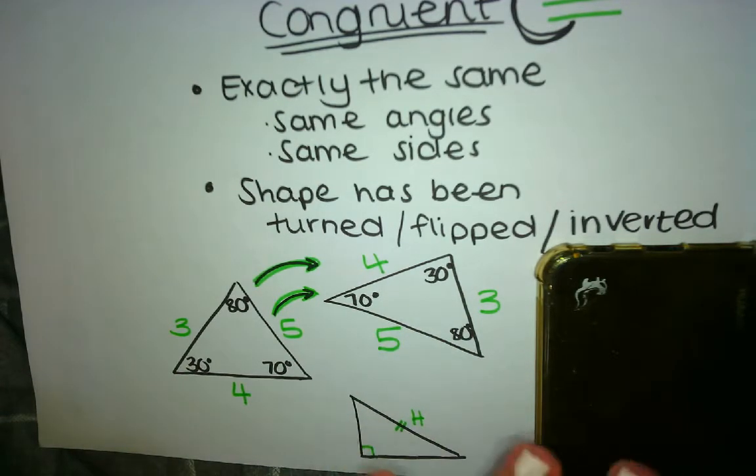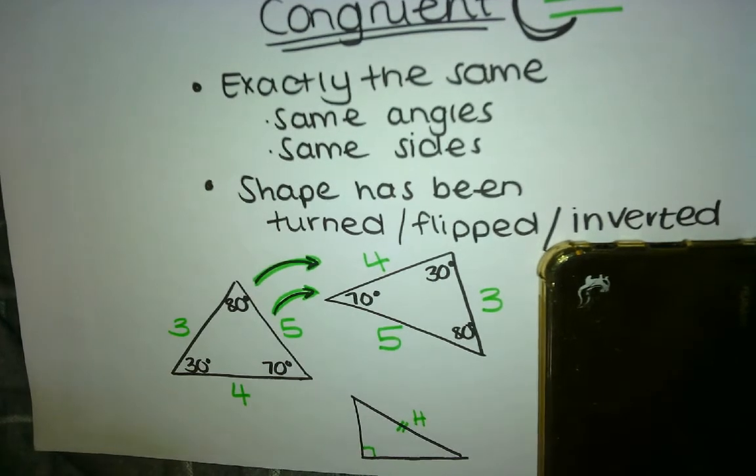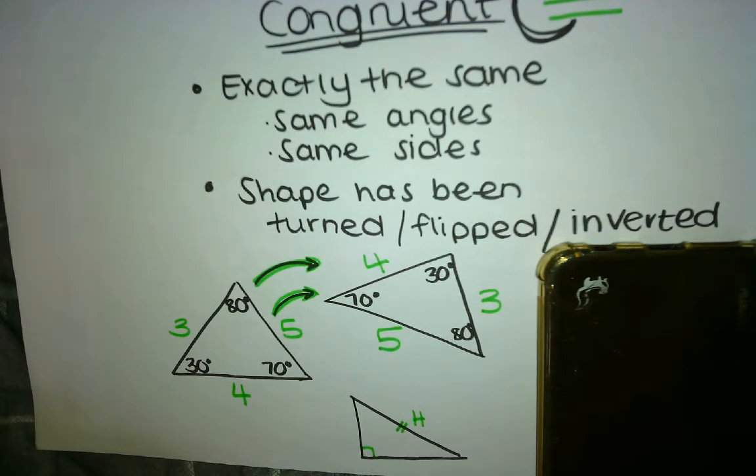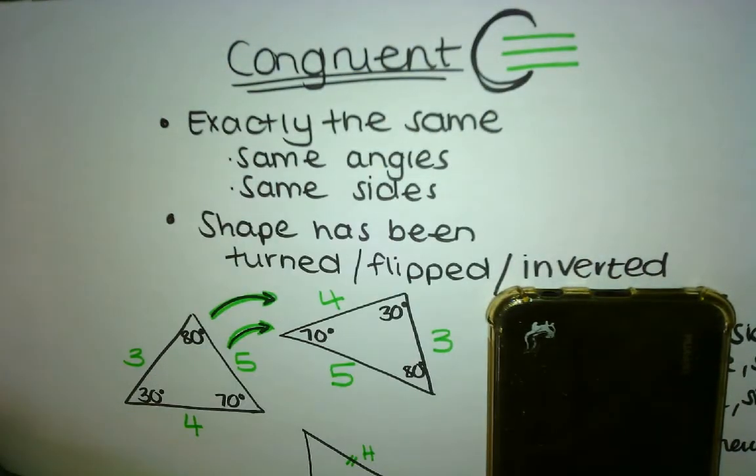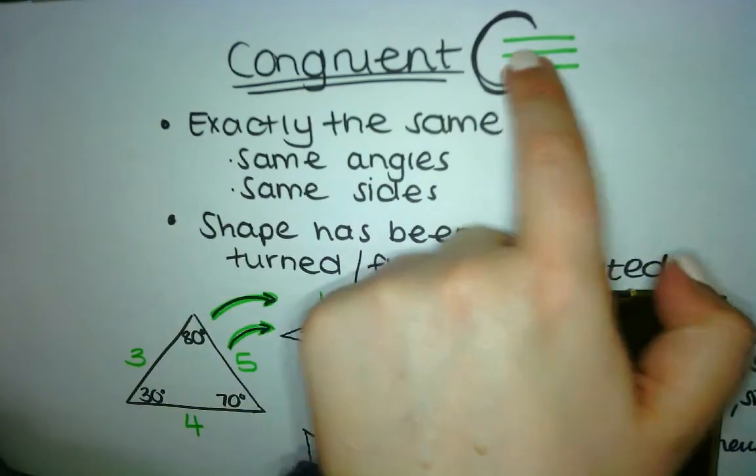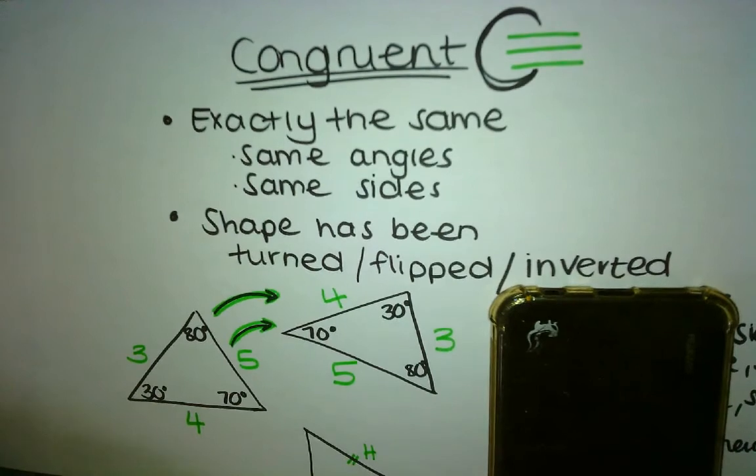Okay, so that's an easy thing, just for you guys to get into the habit of it. So I suggest you pause and write this down for me, please. Congruency, remember it's C for congruent, but the symbol you use when you're proving is the three lines going that way.